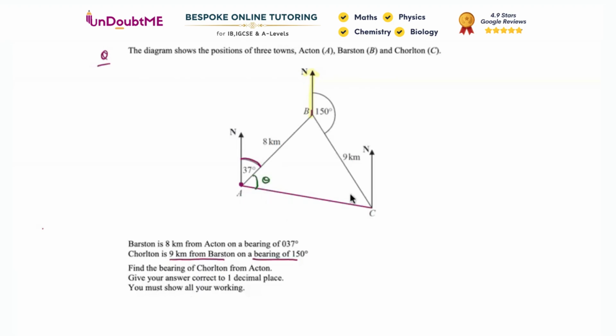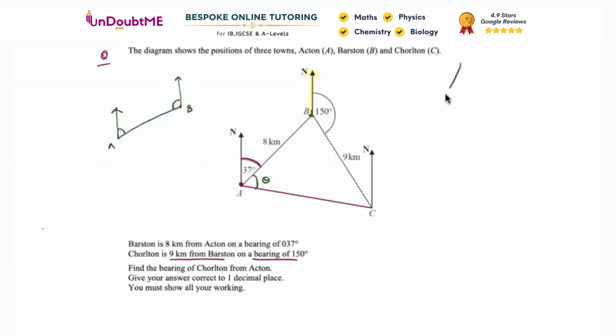Now have a look at point B carefully and see that the two north lines on A and B, since both of them are north lines, they are parallel to each other. And if they are parallel, then consider these two angles as supplementary.